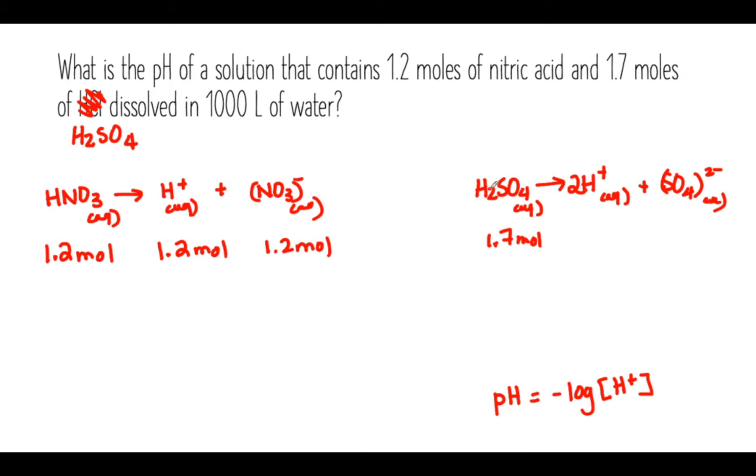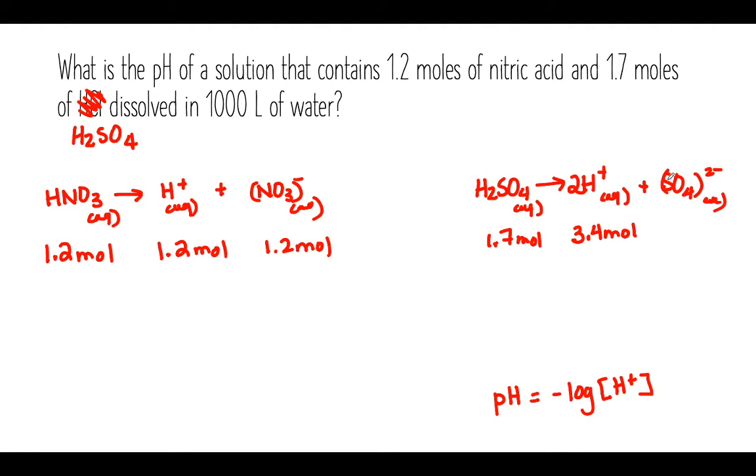It's not a 1-to-1 ratio, it's a 1-to-2 ratio. So for every 1 mole of H2SO4, I'm going to have 2 H+ ions. So I'm going to do 1.7 times 2, which is 3.4. That's how many moles of H+ ions I have in this case. So 3.4 moles of H+ ions.